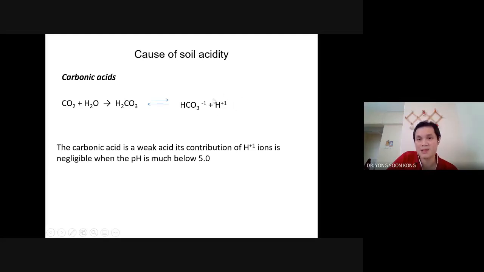This is the acid that causes the acidity of soil. And when you go to places like Gua Tempurung, Gua Niah, you have stalactite and stalagmite. How is calcium carbonate dissolved? This is how they dissolve. They dissolve due to the presence of carbonic acid.